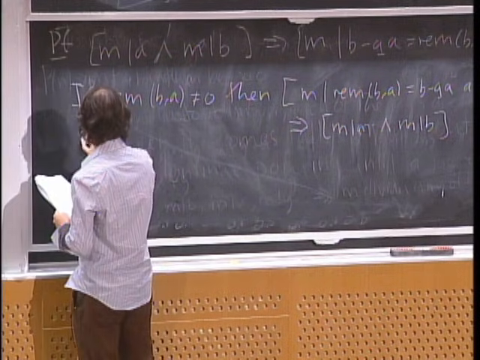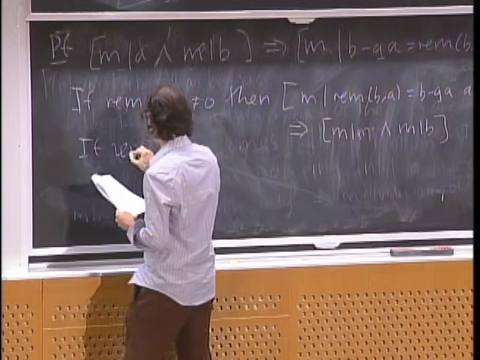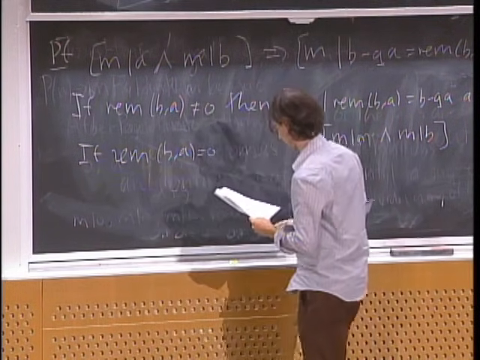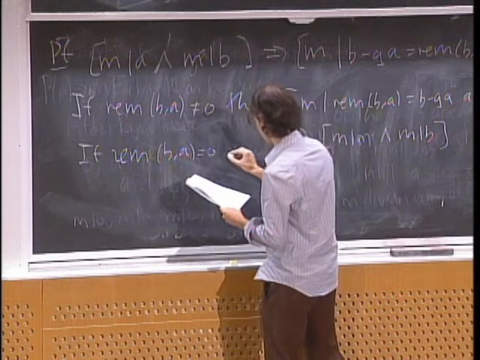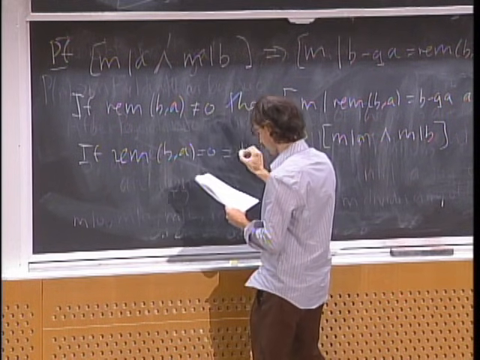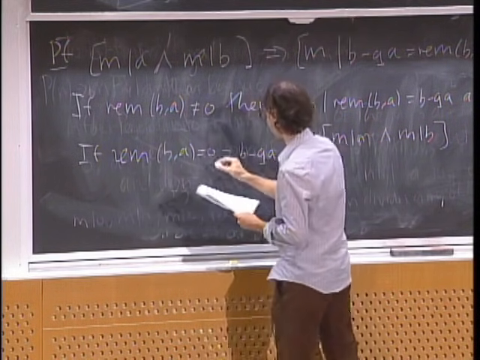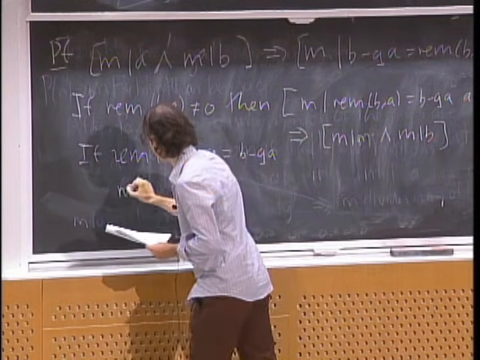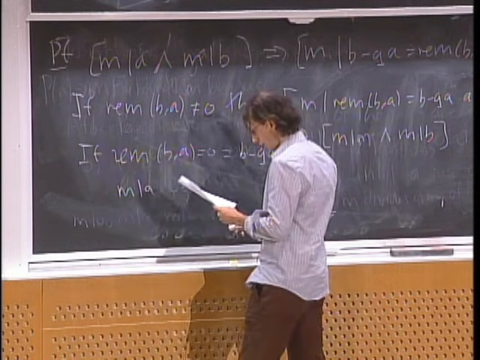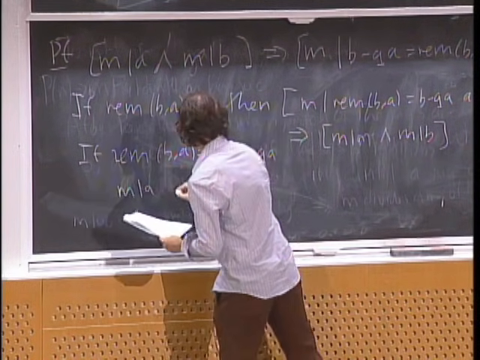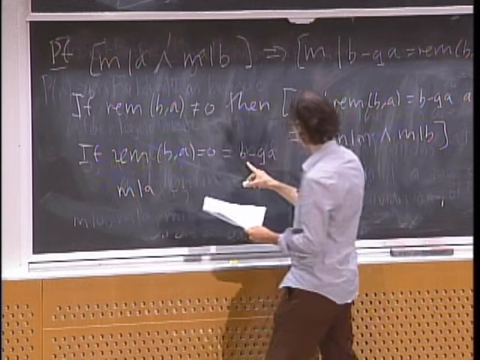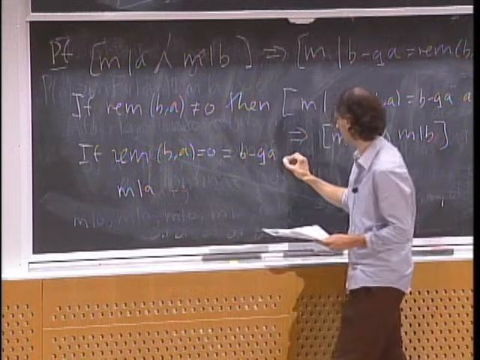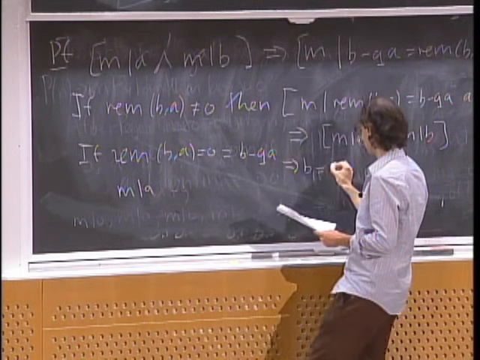So let's look at the other case. If the remainder is equal to 0, well then I actually know that b minus q times a is equal to 0. Well, if I know that m divides a, then since 0 equals b minus q times a, I know that b equals q times a.